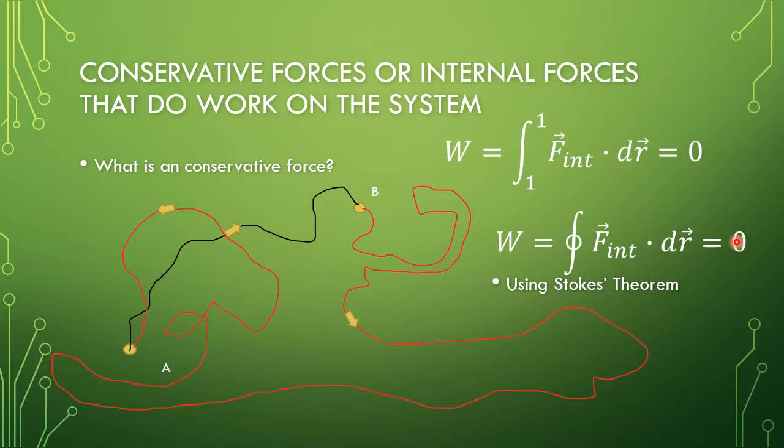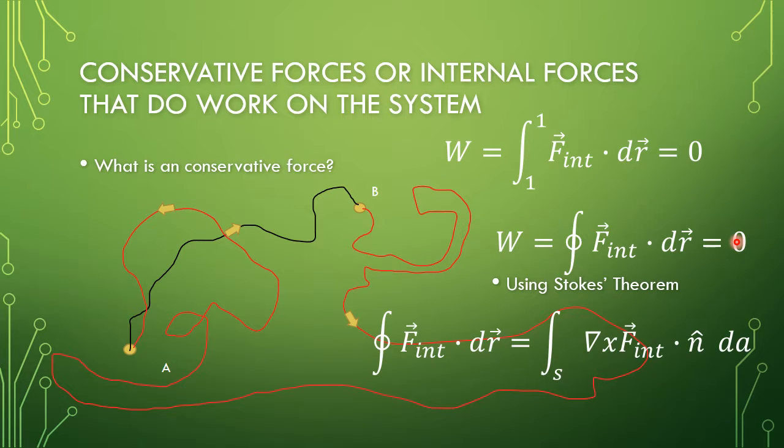So if we apply a vector algebra theorem called Stokes' theorem, which states that if I have this closed path integral, then instead of going along the path, I can expand it into an area integral across the surface that is enclosed by this path, and integrate the curl of this force, I should get the same answer.